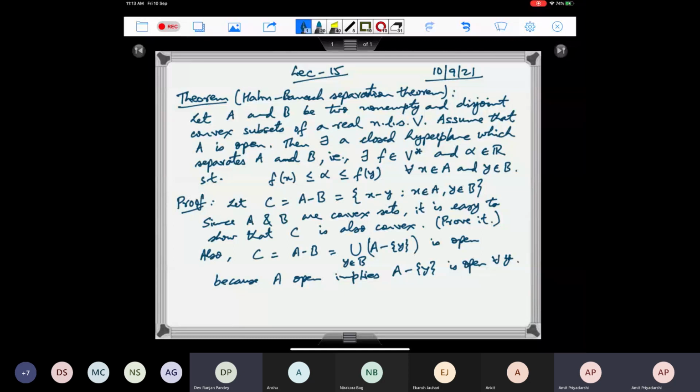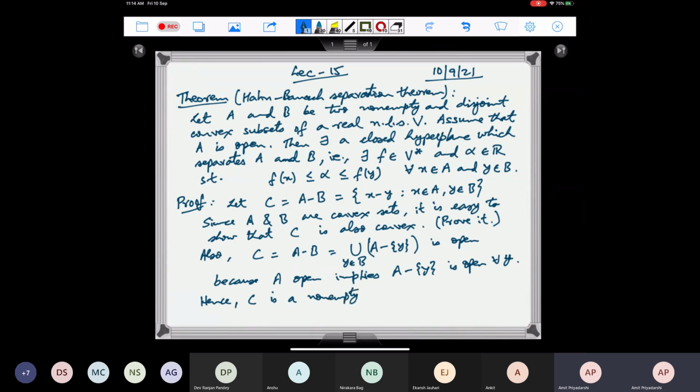Is it okay? So now we get that C is an open and convex set. Hence C is non-empty, because A and B are non-empty.